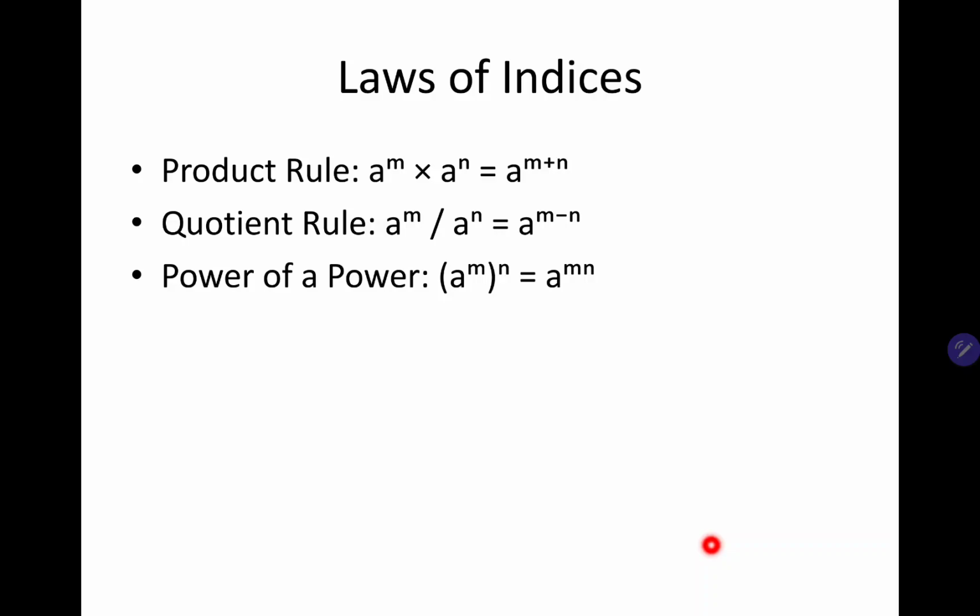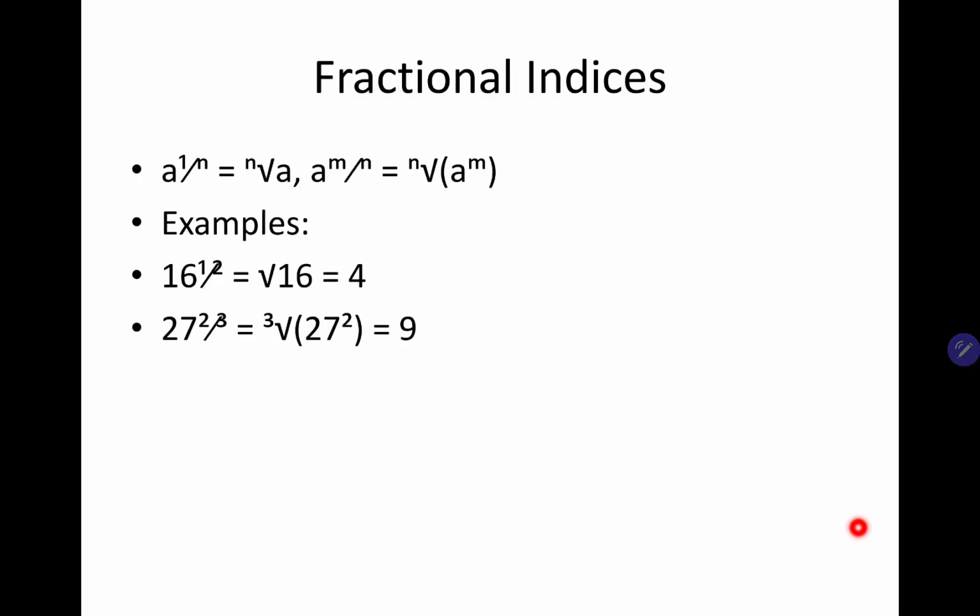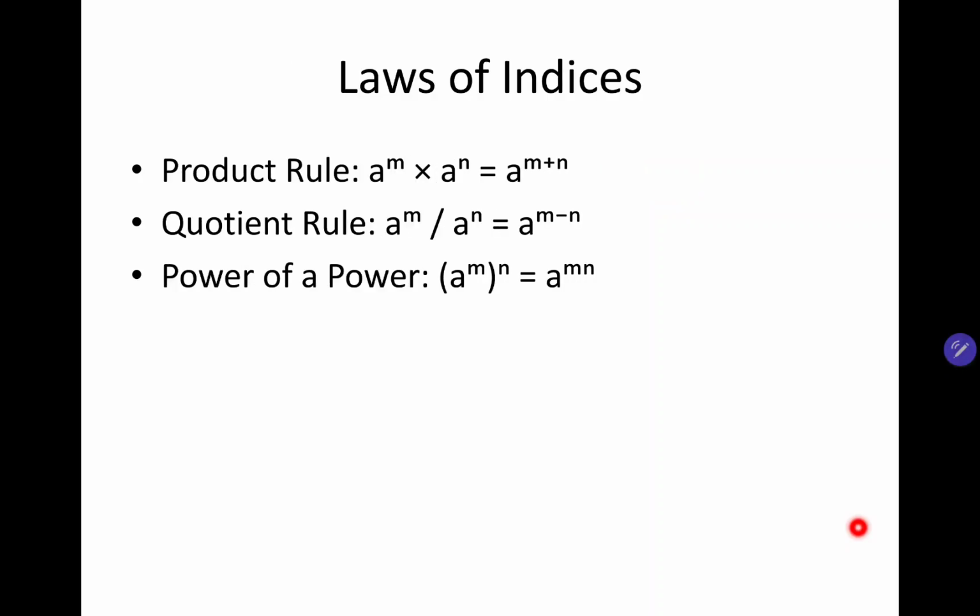Let me break it down. If we use x, for instance, x raised to power a times x raised to power b is the same thing as x raised to power a plus b.